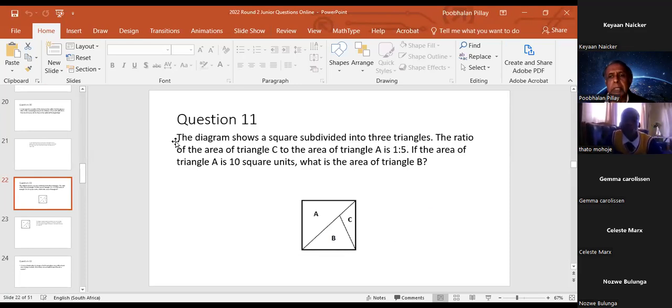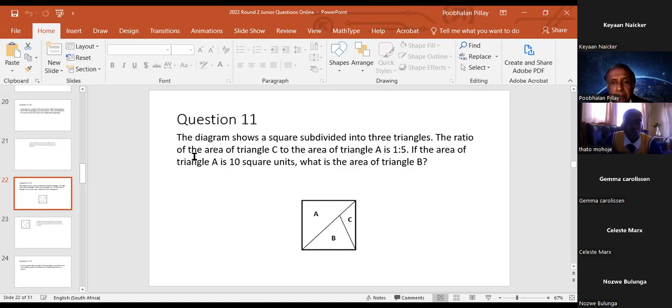The diagram shows a square subdivided into 3 triangles, as you can see. Now this is a square, and then you draw a diagonal, and then one of those triangles is split into 2 ways. Okay.